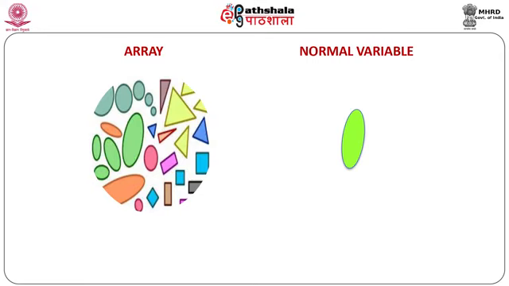Here we have shown circles, ellipses, triangles, etc. in the array, whereas in a normal variable, just a single element. So you know that an array collects several elements and a variable stores a single element. A variable's value can be changed.